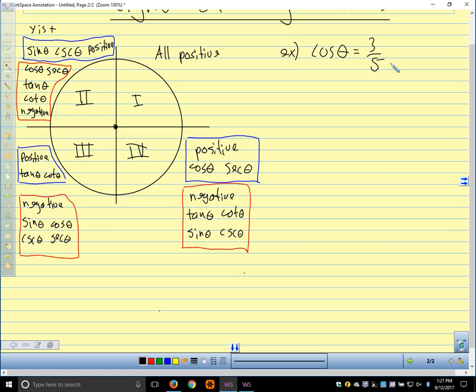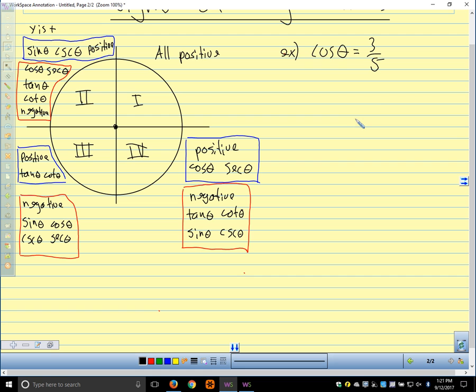We need one other piece. So we know since it's positive, it has to be in the first or fourth quadrant. What else does it tell us? This tells us about the sides of the right triangle. So we already know about the triangle.